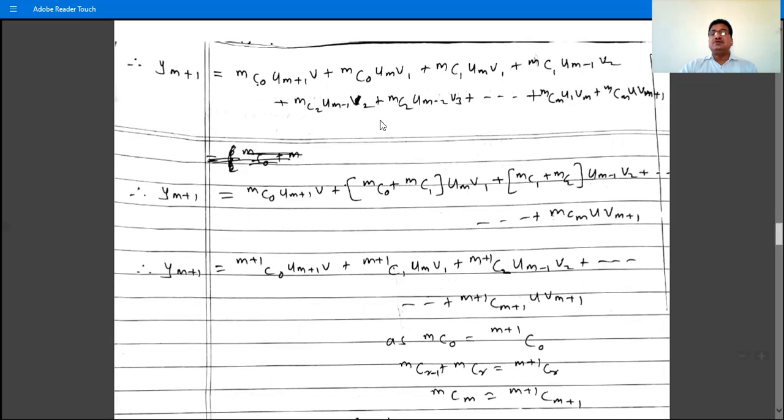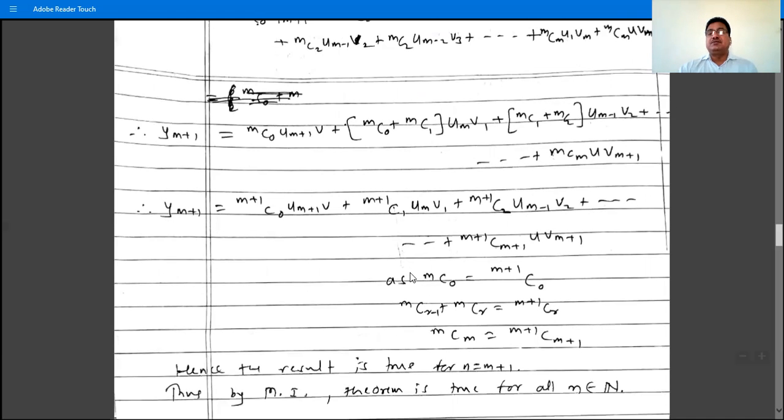In this way, plus so on, the last term mCm u v_(m+1). Apply the similar process for the next step: from this term and the next term take u_(m-2) v3 as common. From this step and the previous step take u1 v_m as common. Don't write that step; directly write the last term mCm u v_(m+1).